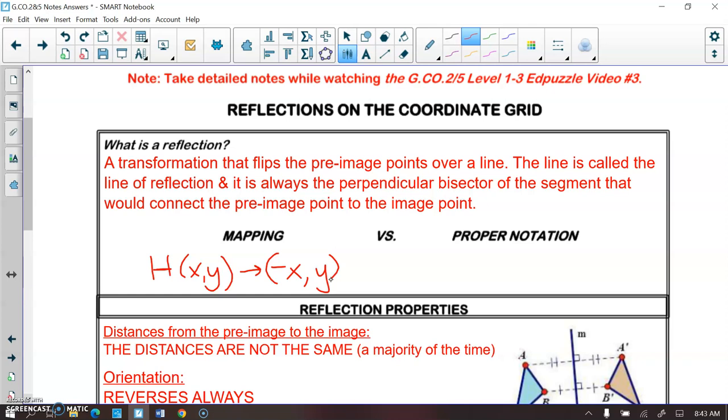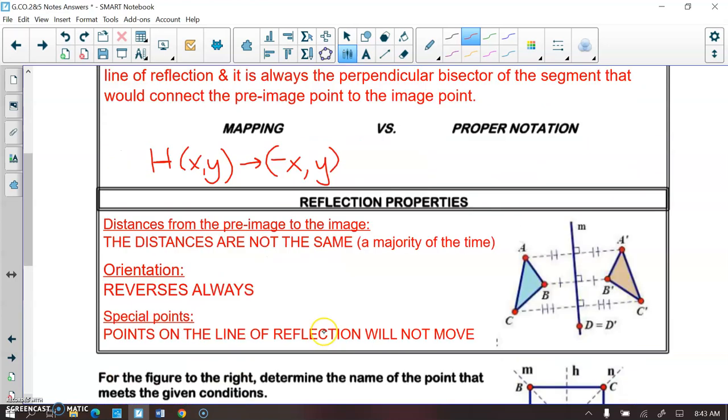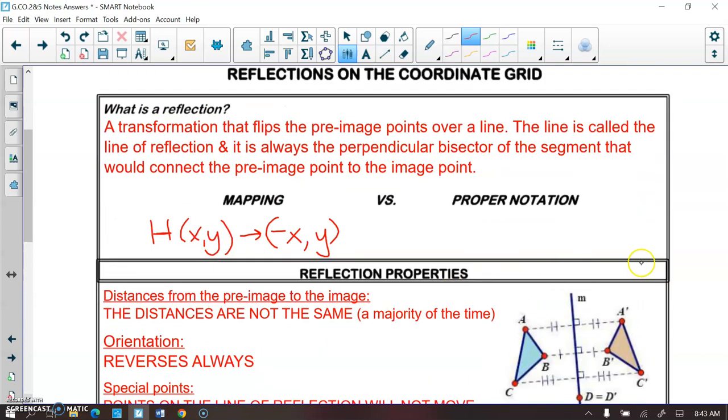Now, proper notation: you can use capital R, lowercase r, I don't care. I'm going to use capital R for reflection. Then in your subcategory area, we write down the line of reflection. Maybe you're reflecting over the y-axis, maybe over the x-axis, maybe over the line x = 3.